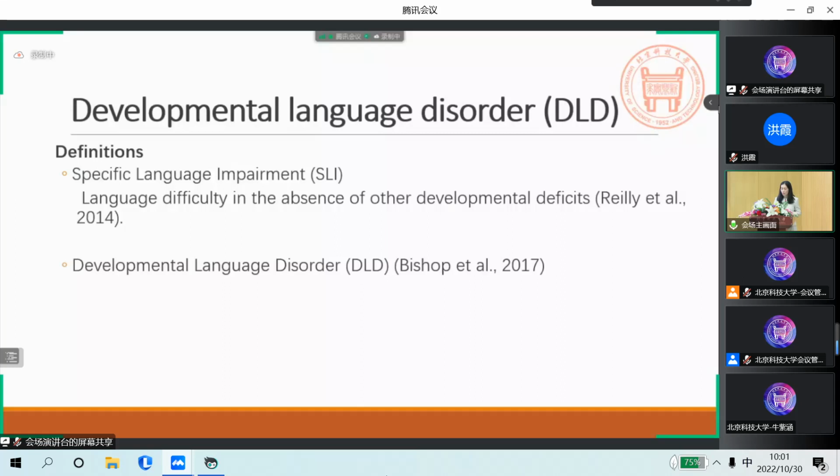Usually, children with DLD will have some problems in reading, listening, writing, speaking. DLD affects children at a rate of about 8%.